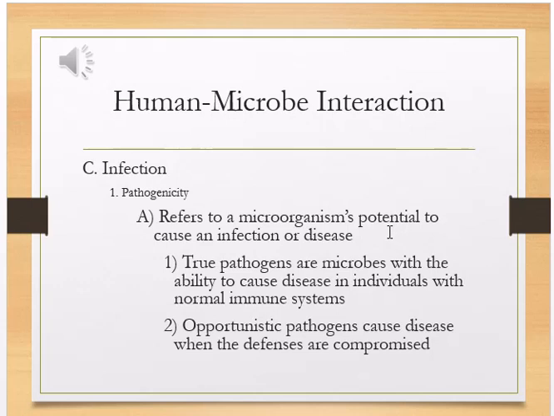It is an ability or potential to cause disease, because there are two different types of germs. One is the true pathogen, which has an ability to cause infection or harm to the host. The other one is when the host has a low immune system, then it takes an opportunity to cause disease.